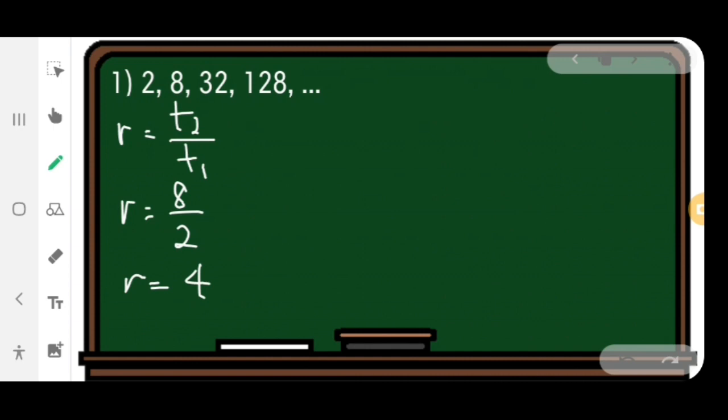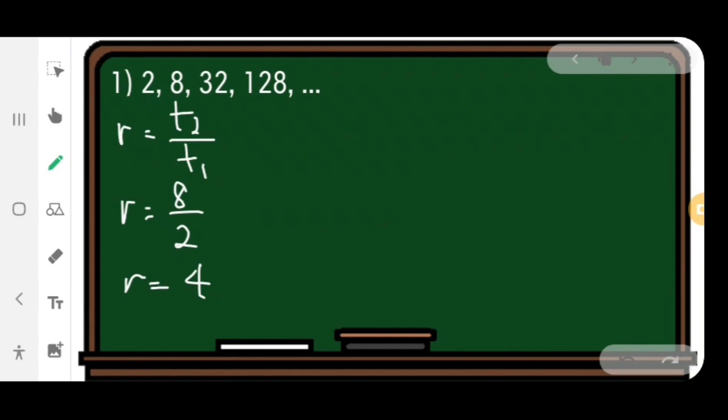Now let us substitute the values to the formula for the nth term of a geometric sequence. By the way, you can compute for the common ratio by dividing also the third term by the second term or the fourth term by the third term.